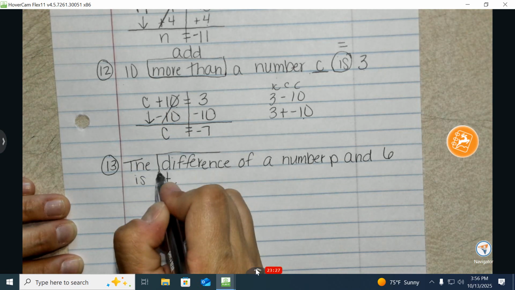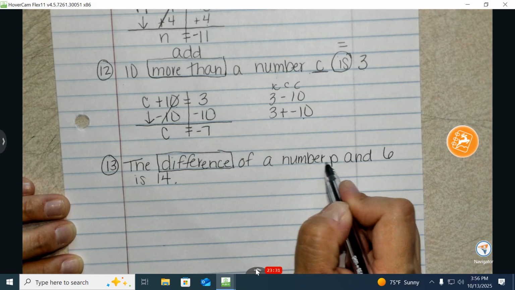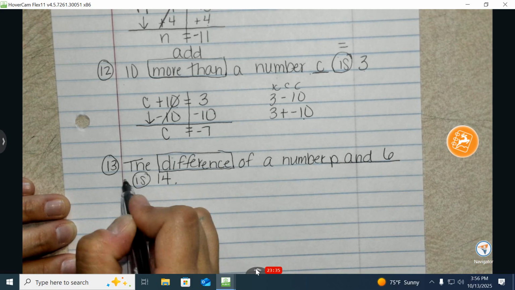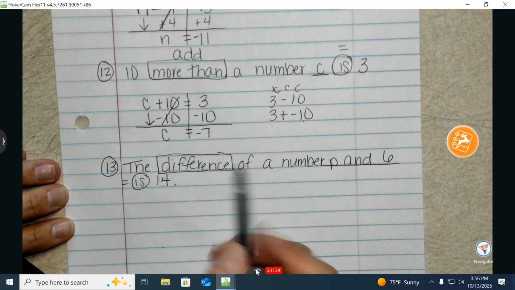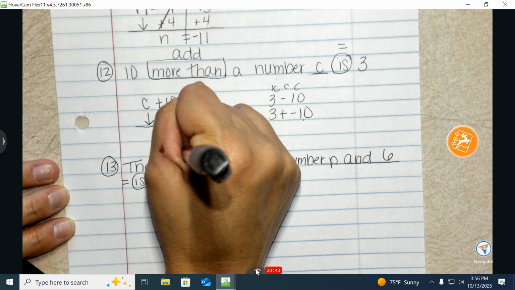Okay, the word difference is important. It says of a number p and 6 is, which means equals 14. So the word difference means that you need to subtract.